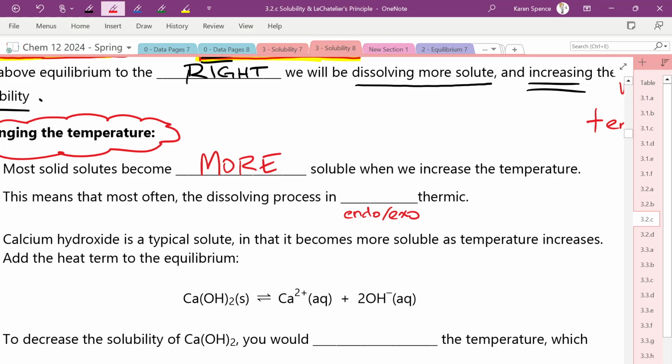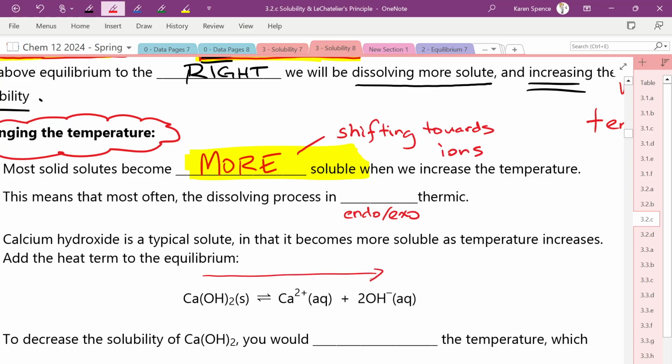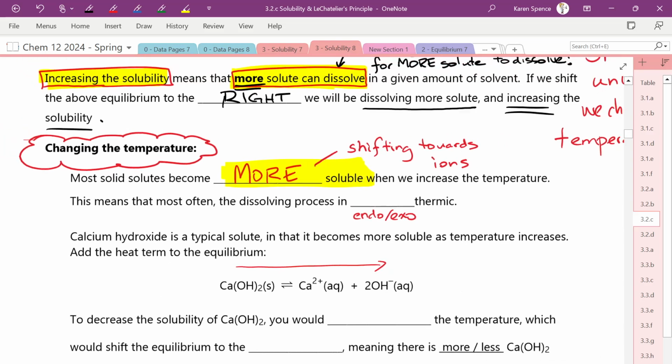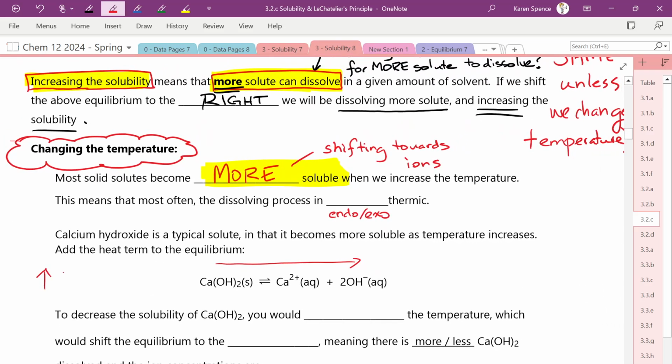So I want you to think: we're becoming more soluble. And if we're becoming more soluble, are we shifting towards the ions or away from the ions? Towards. Shifting towards the ions. And if we're shifting towards the ions and we have increased temperature, which side is the heat term on?